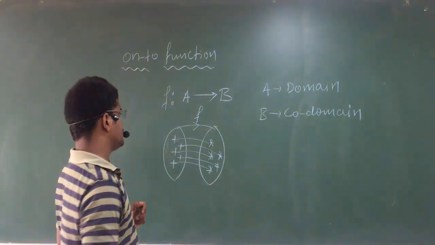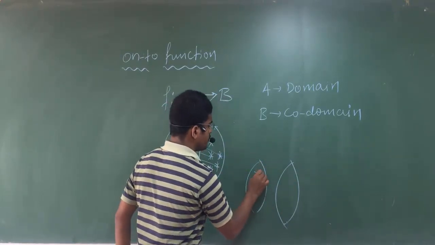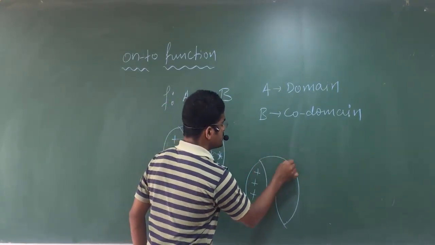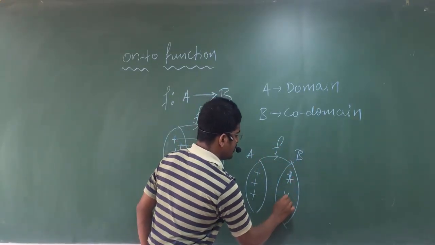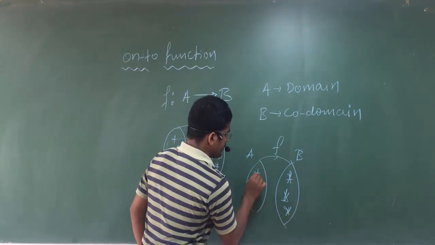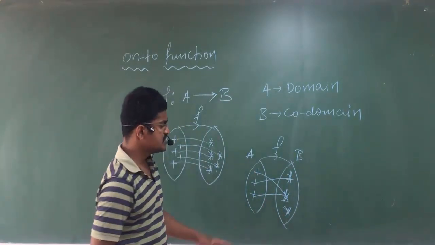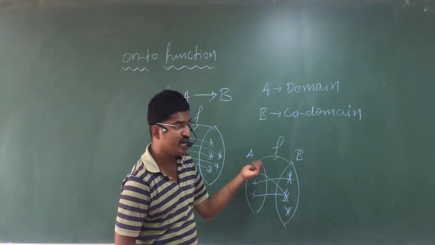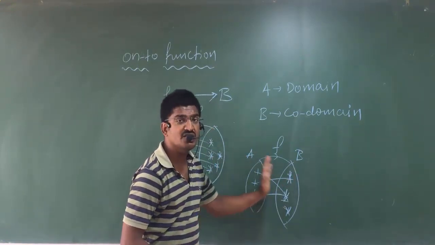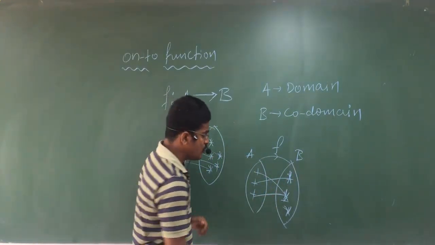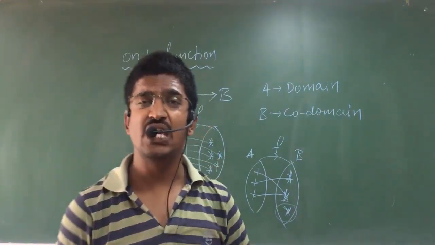Clear? Suppose we have a relation of this type. See, this is also a relation which is already a function, because every element has a unique image in the codomain, but one of the elements is not having a pre-image.